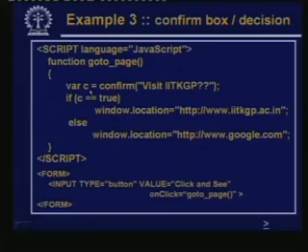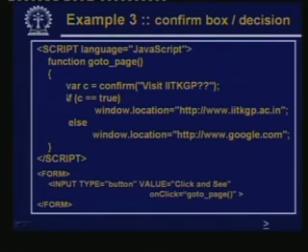This example shows that you need not specify the type of the variable, whatever returns back will automatically carry the type of the return value into the variable. Then you have an if-else statement. Syntax is very similar to C. You check if the value of c is true or not. If it is true, you are executing certain statements. If it is not, you are executing certain other statements.